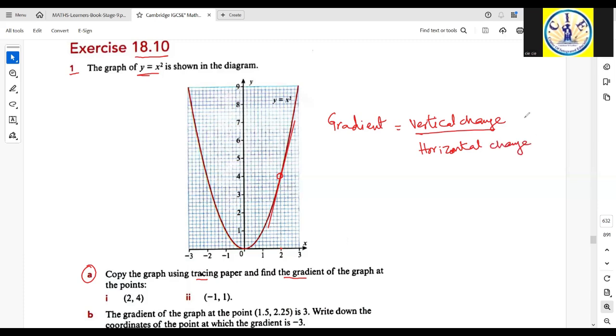For this, we need to jot down the points which are giving us some whole number values. If this is one point and this is the other point, we need to observe how much is the vertical change.